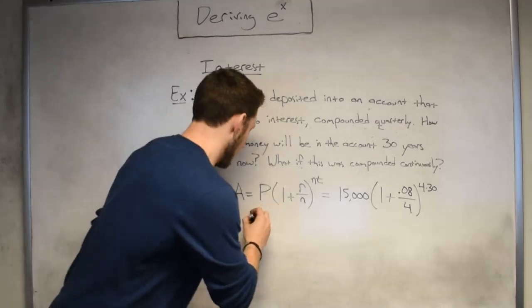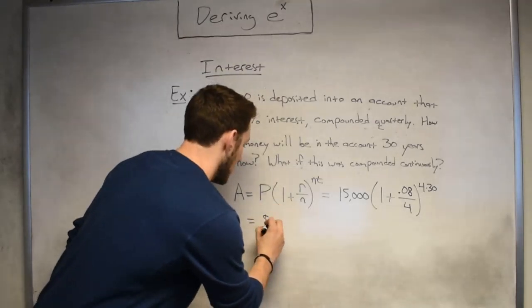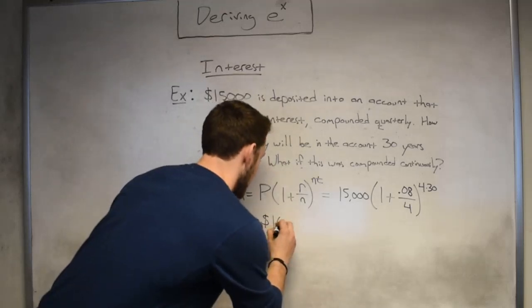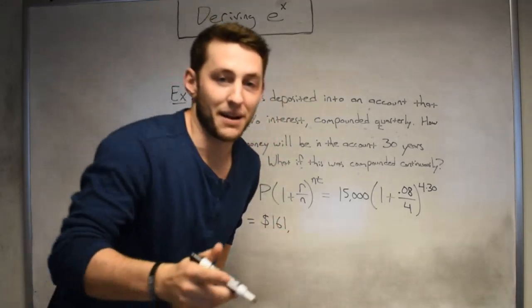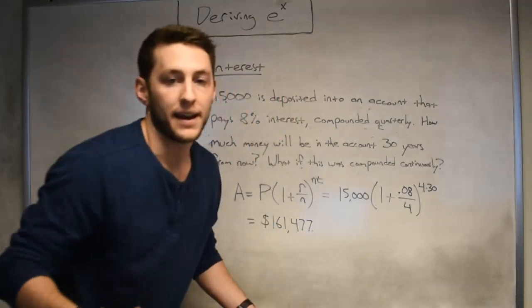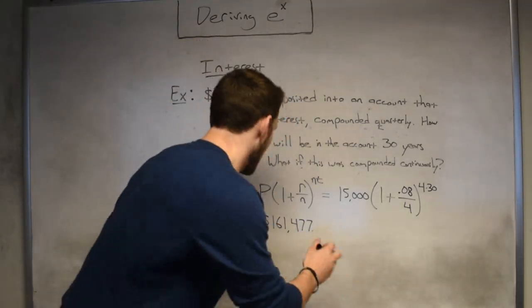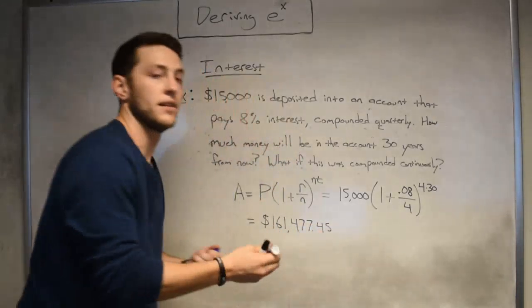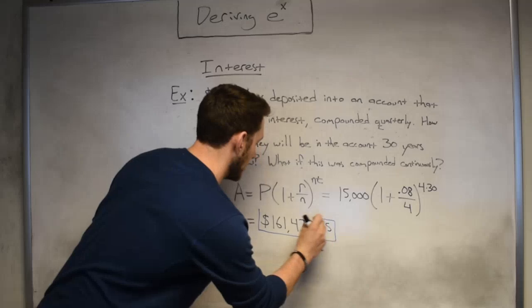If we go ahead and simplify that out, what we should end up with is $161,477.45. So that money definitely grew.